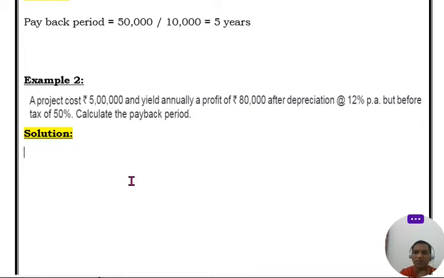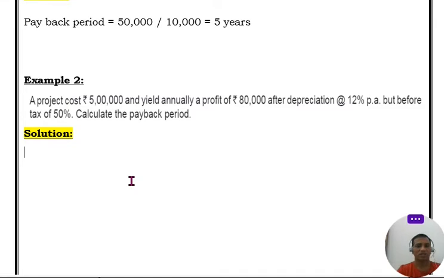That means depreciation is already deducted, but before tax, tax is not deducted. That means it is not cash flows, only indirectly given. So from this value, we have to calculate the cash flows. Cash flows are not directly available in this question. You have to get the value of cash flows.